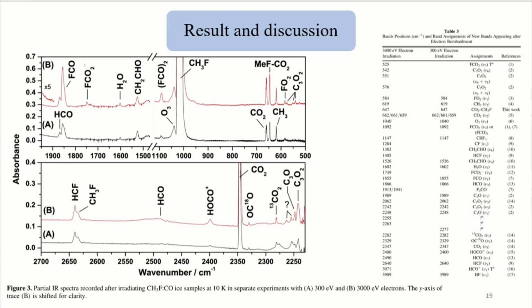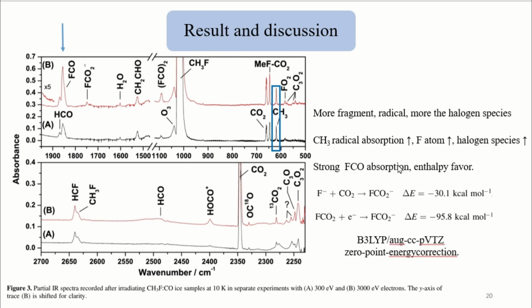This is the assignment of the absorption spectra in figure 3. After bombardment by the electron gun, the IR spectrum becomes more complex. It forms more radical cation products compared to photolysis, for example, protonated carbon dioxide. It means more fragments, more radicals, so more halogen species formation.